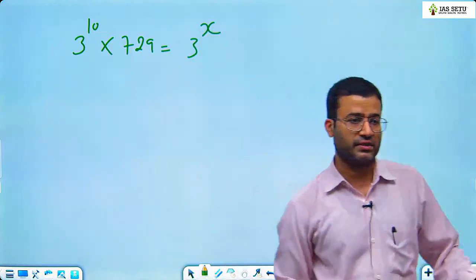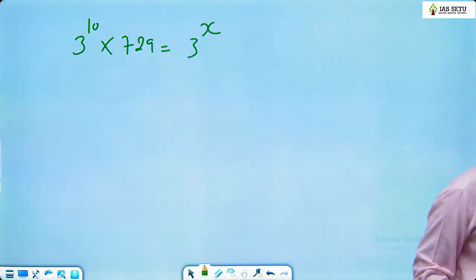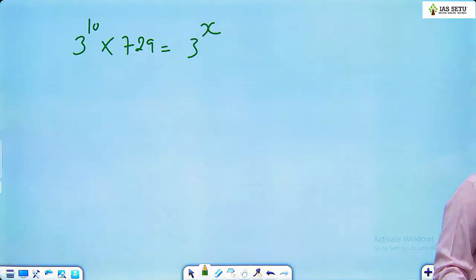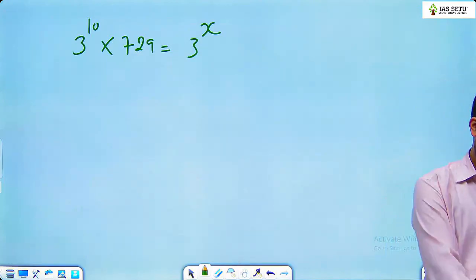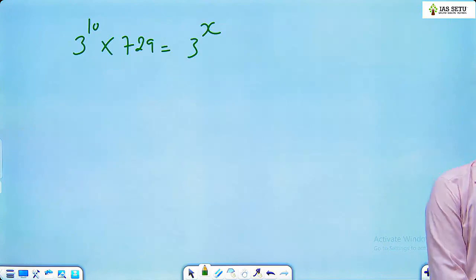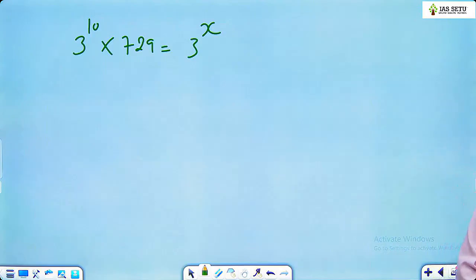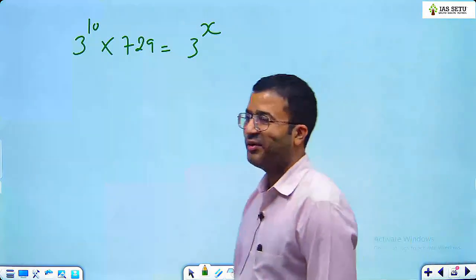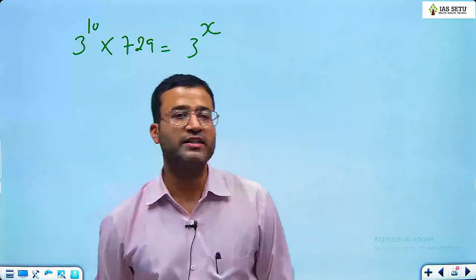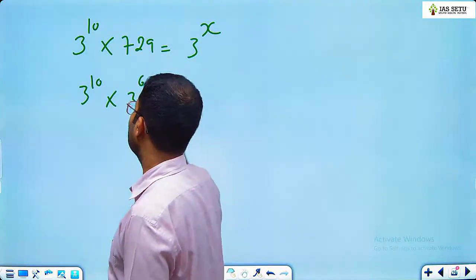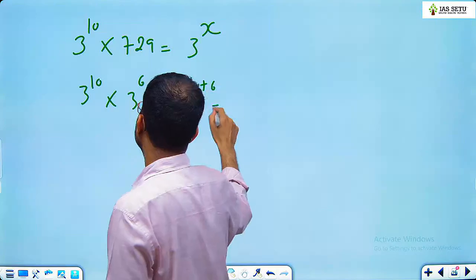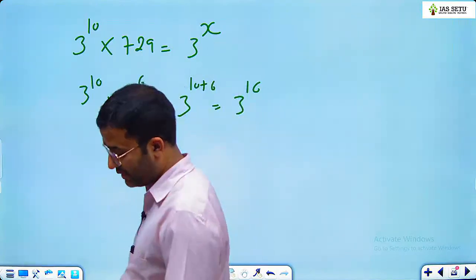Find what is x here. ये देखो मेरे सामने कैलकुलेट कर रहे हैं. What is 729? 3 is to power 6. So it is 3 is to power 10 into 3 is to power 6. So it is 3 is to power 10 plus 6, 3 is to power 16. x here is 6.